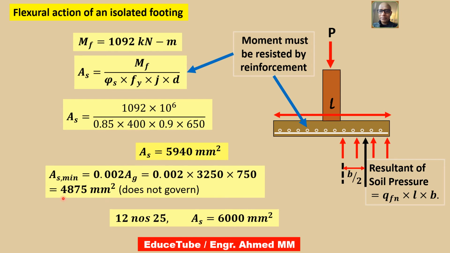Looking at these two values, 5940 is higher than 4875, so the minimum does not govern. According to this value, we take a round figure, say 6000 millimeter square. It is equal to 12 number 25 bars. So 12 number 25 bars gives 6000 millimeter square.